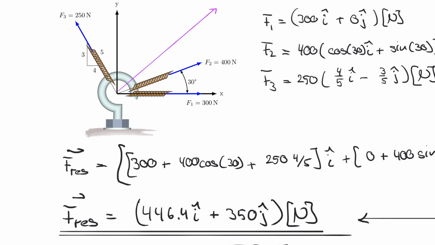So this was equal to 567.3, and then we had an x component which is given here and a y component which is given here.